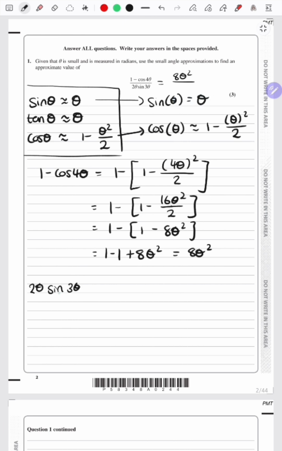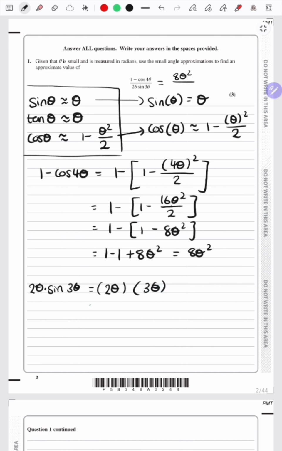So all we're doing here is replacing the sine 3 theta with 3 theta. So we have 2 theta, and we need to remember here there's a multiplication. This is actually 2 theta times sine 3 theta. So that's 2 theta, and the sine 3 theta becomes 3 theta.